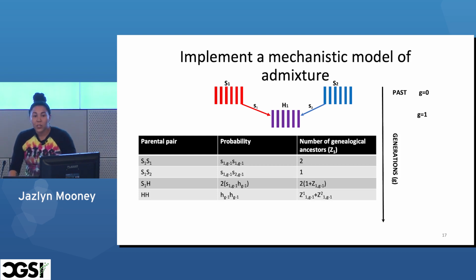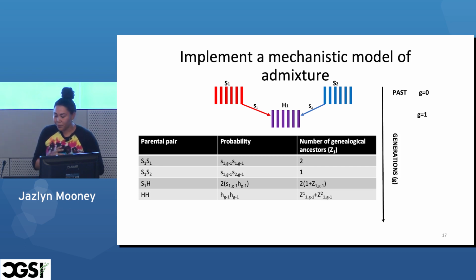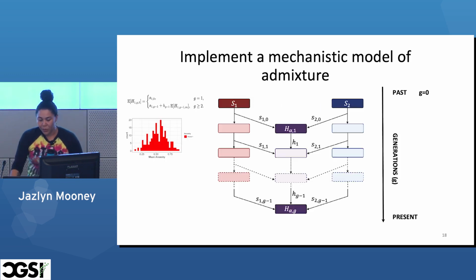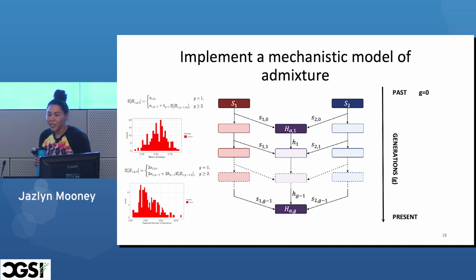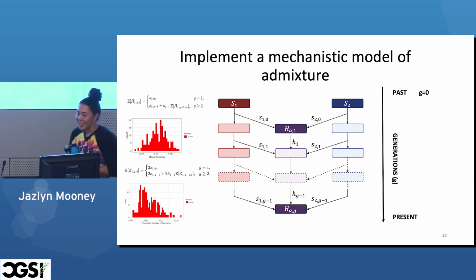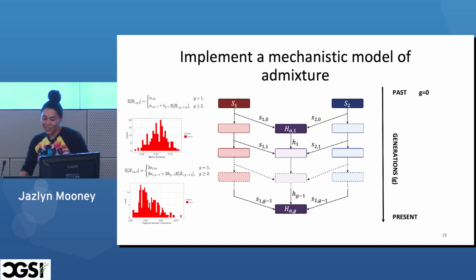So we just repeat this process for source population 2, and now we can have the number of genealogical ancestors from source 1 and source 2. So the distribution, so this is just a random population I simulated, might look something like this for expected number of ancestors. And you'll also notice, right, that the difference is roughly a factor of 2, which can be horrifying in PopGen, but here is actually really nice since we're summing lineages.